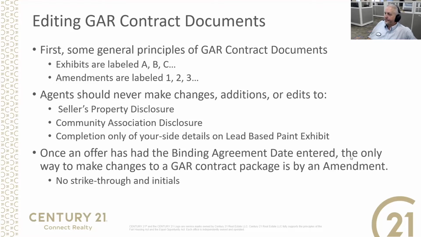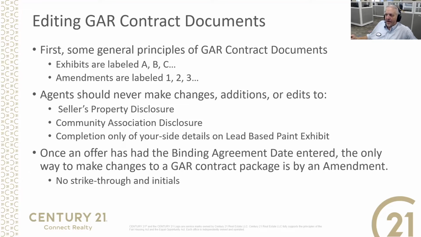Okay. Last major principle, and this is a big one: once an offer has had a binding agreement date entered, the only way to make changes to that GAR contract package is via an amendment. So after it has been bound or accepted, or if it's an amendment, there's an acceptance date on it.